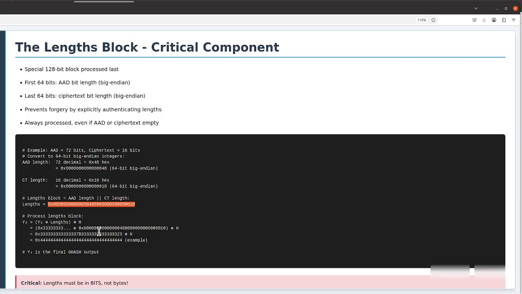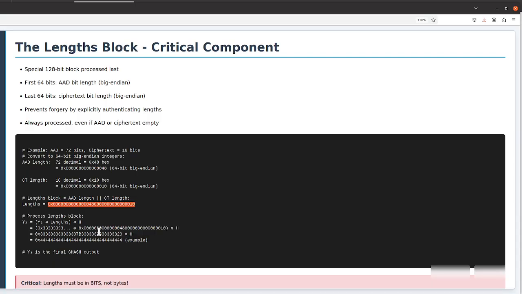Continuing our running example, after processing AAD and ciphertext, we had Y2 equal to 0x44...44. Our AAD was 128 bits and ciphertext was 128 bits, so the lengths block is 0x00...80.